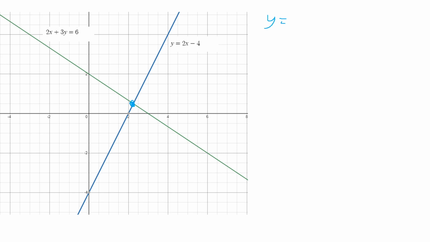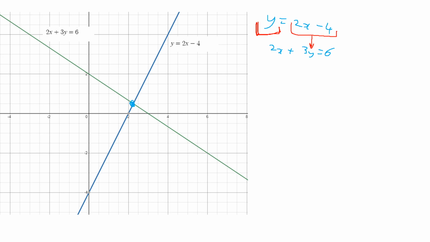So y is equal to 2x minus 4, and 2x plus 3y is equal to 6. What you can see is that y is equal to something in terms of x. So all we're going to do is substitute this into y.